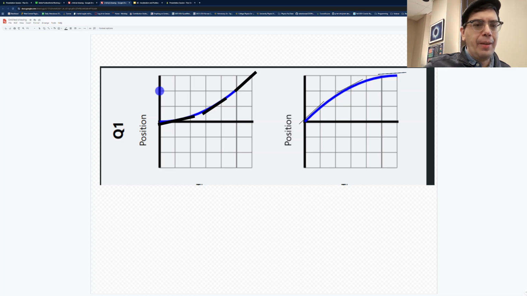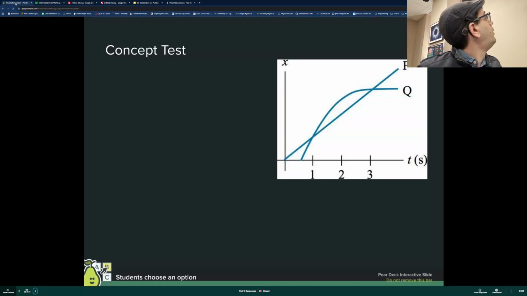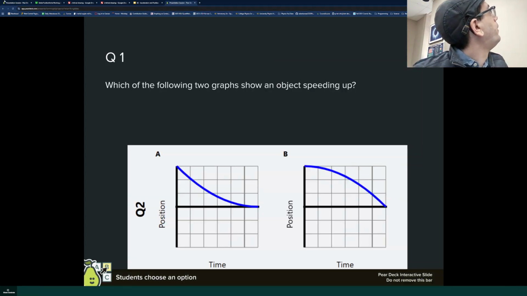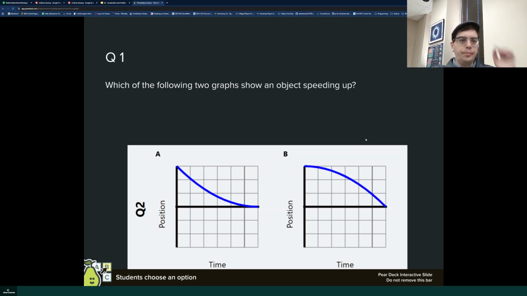So I'm going to ask you the same kind of thing for these two graphs. Here we go. I need to close that window or I'll keep getting confused. Okay, give you 30 more seconds.